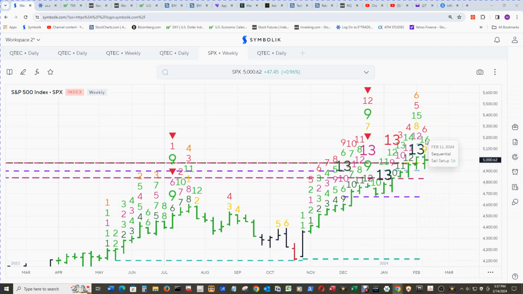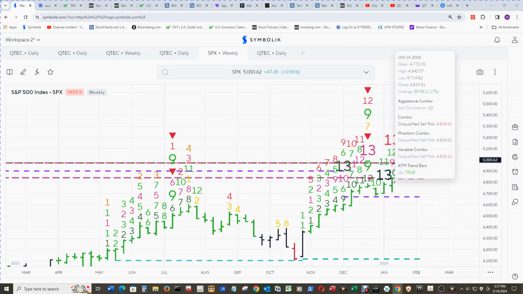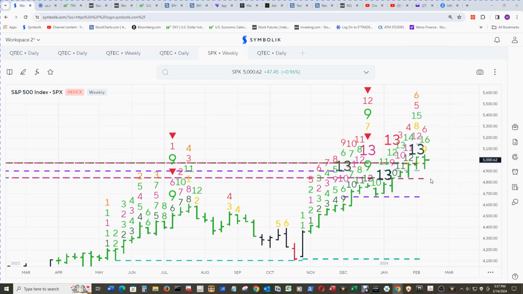And the recycle sell setup count 16 printed. So there would need to be a close lower than this close for end of day this week to lose that. Then for next week, it would need to stay above this close, and that will print and keep the recycle setup count 17.